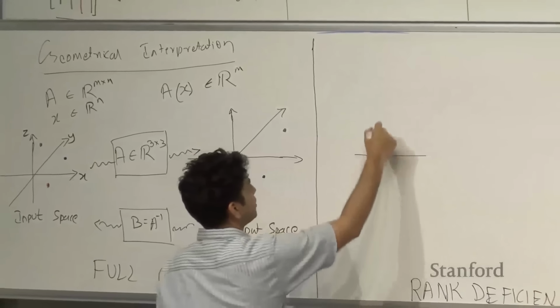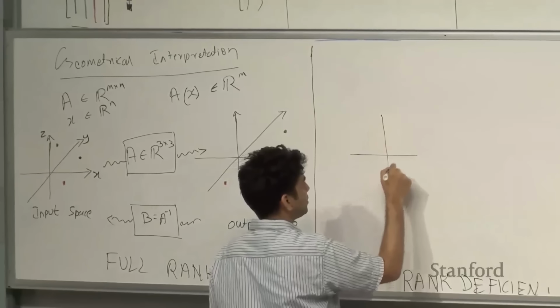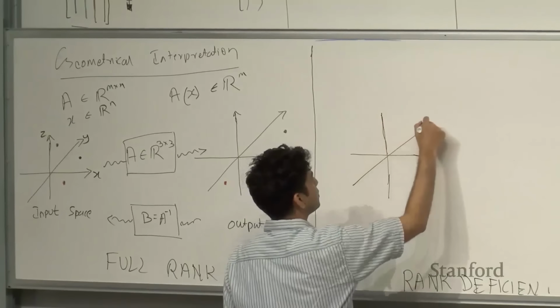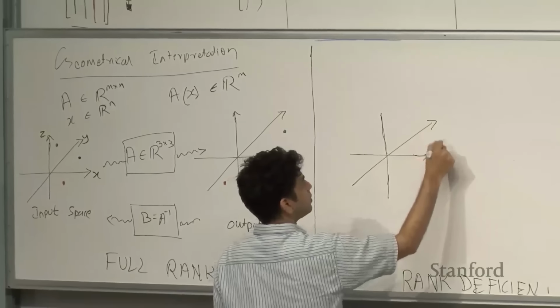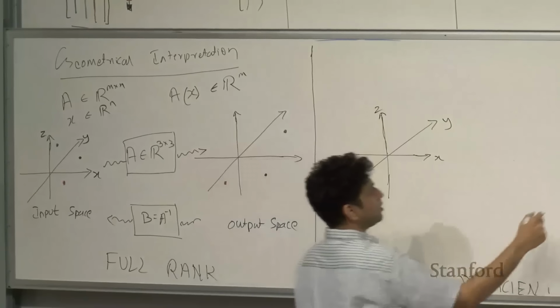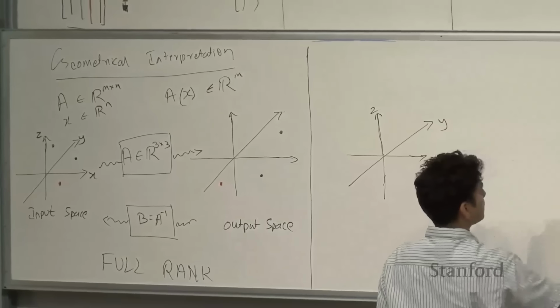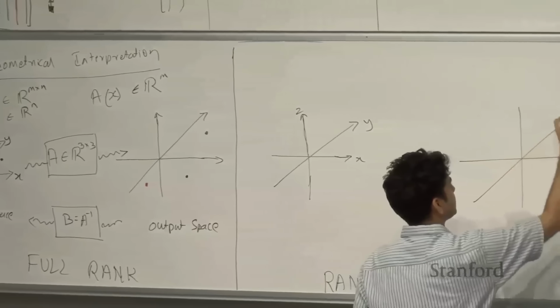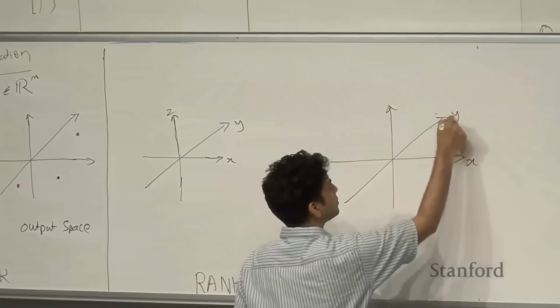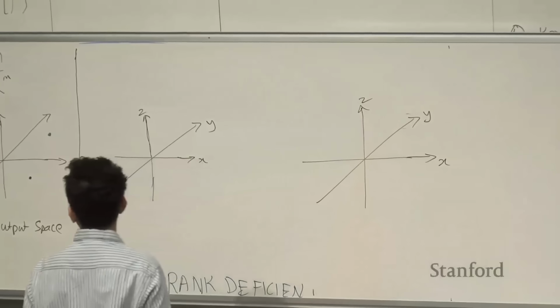Right? So again, this is the input space, x-axis, y-axis, z-axis. Similarly, there is output space, x-axis, y-axis, z-axis. Right?